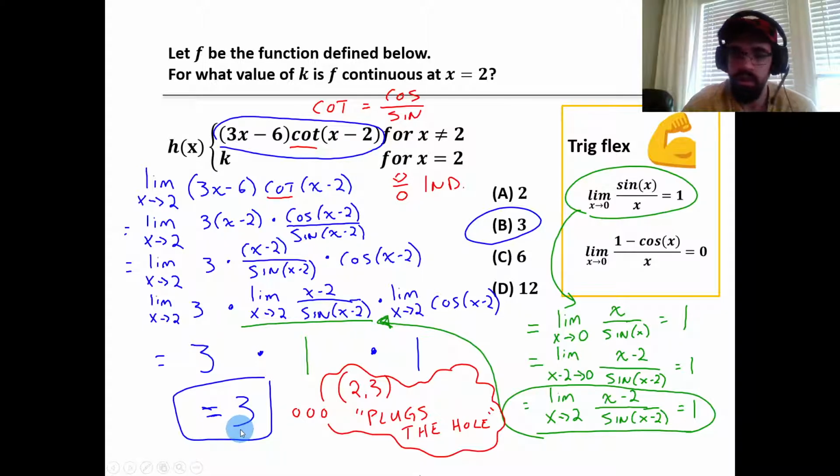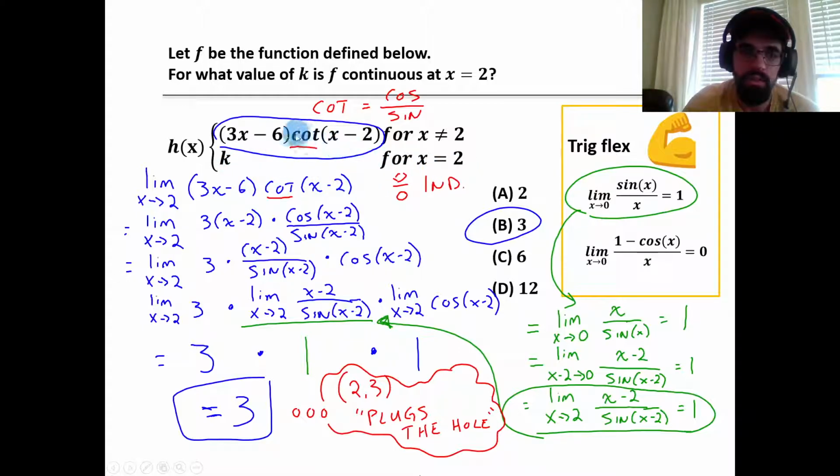So that was a really long, nasty thing. Let's go back and take a 10,000 foot view of what we were talking about here. We want to find a value for k that makes this function continuous. So basically, we want the limit of this function to be equal to k. In other words, what value of k would make this a point that fills the hole?